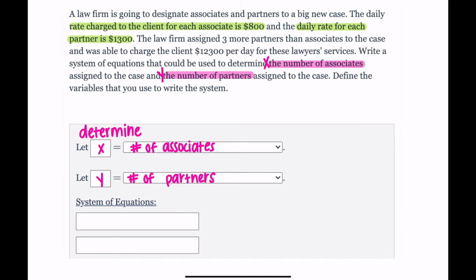We know that it costs $800 per associate, X, plus it costs $1,300 per partner, Y, and that's a total of how much, which we already saw that they were able to charge the client $12,300 per day. So that's a total of $12,300.